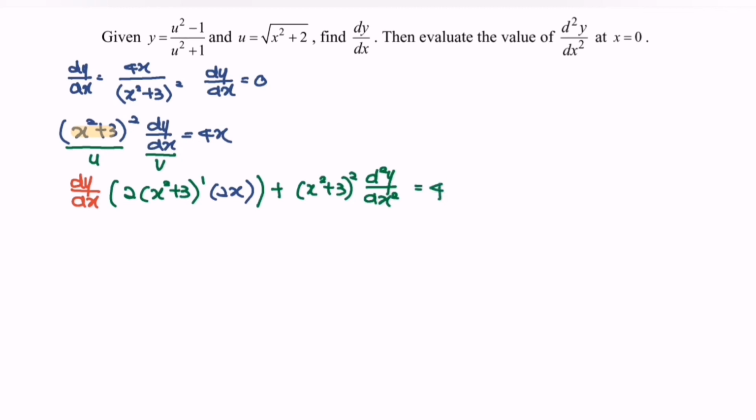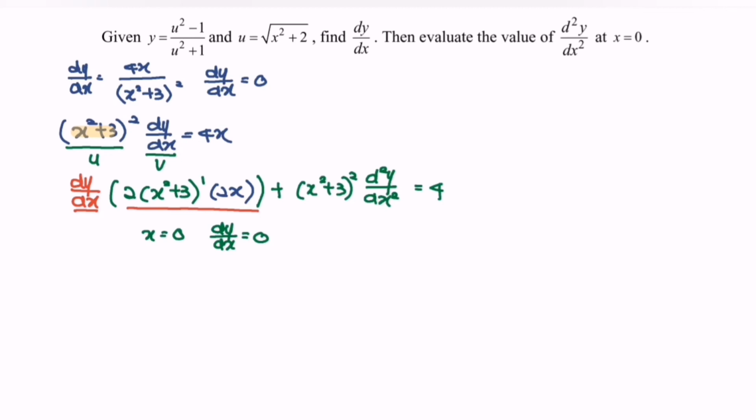Now what we have to do is substitute x equals 0 and the first derivative equals 0 into the function. So we will have 0 multiplied with all these things, which will become 0.